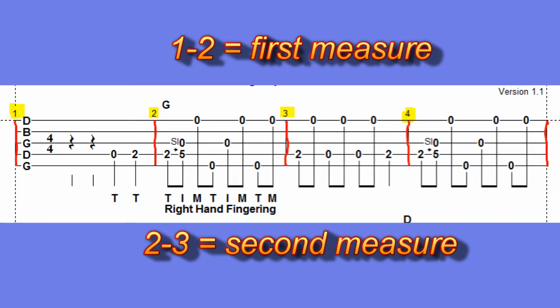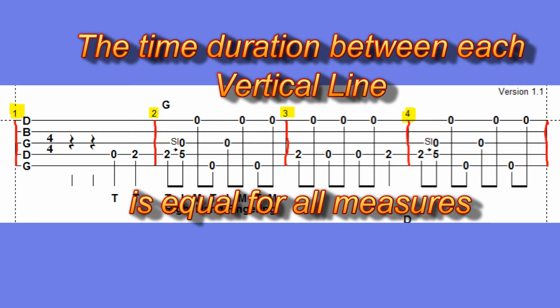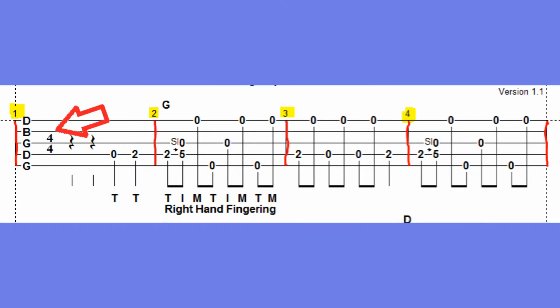It is important to realize that the time duration between each vertical line is always the same, regardless of how many notes are within the measure. On the left, you will see what may look like a 4 over a 4. This is called the time signature. You will learn more about what this means in the next lesson on how to count.